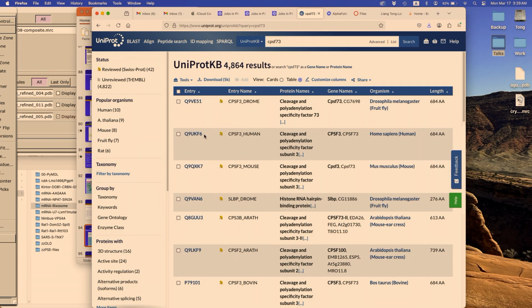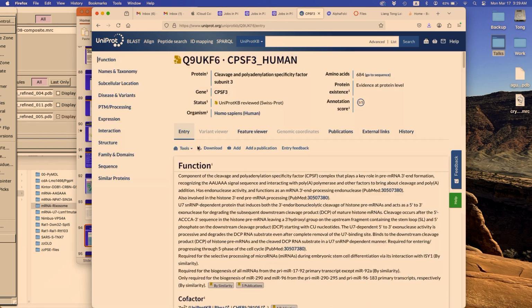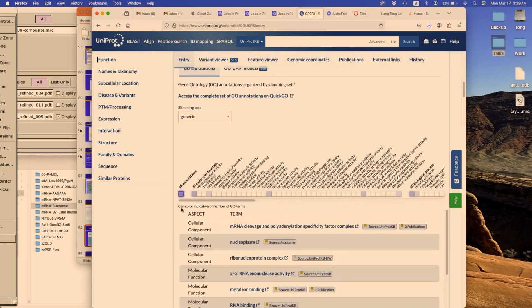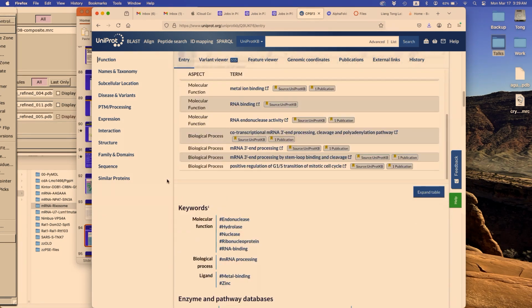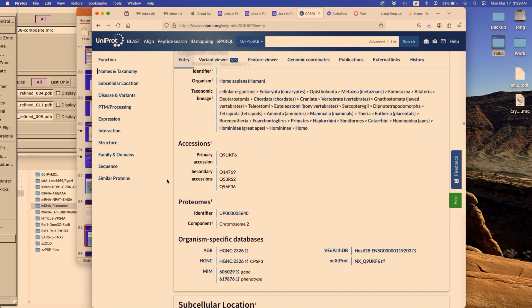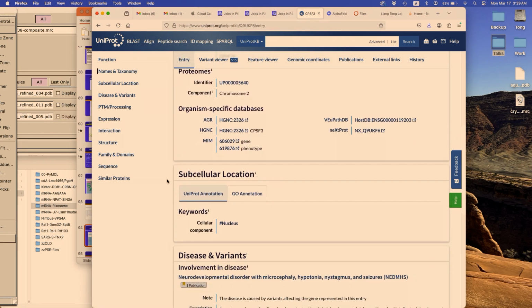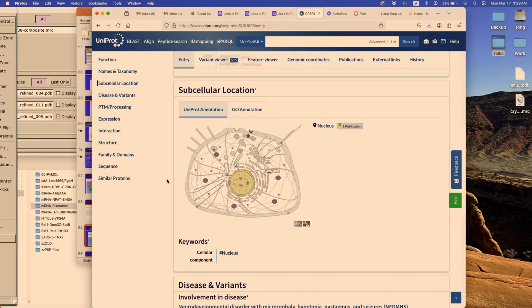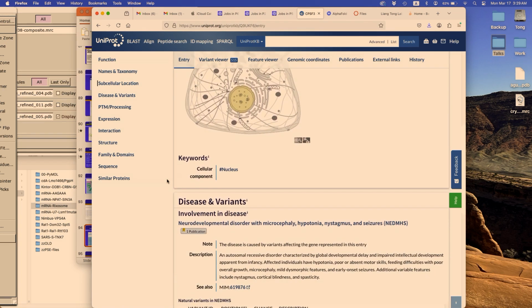So you type in the name of your protein, which in this case is CPS23, and I want the human one, so let's go to the human one. Then it gives you the tabs right here and all the information about this protein, what's known about the protein. Just scroll down. It tells you the protein is nuclear, which most times is correct, sometimes not.